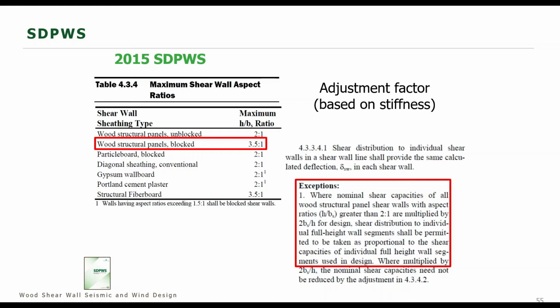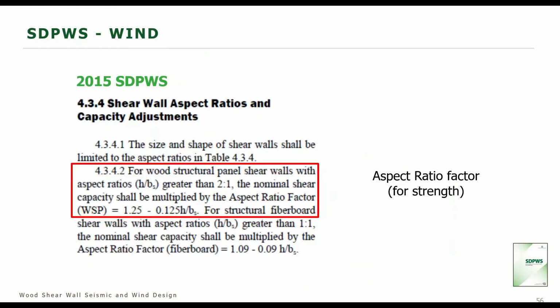So there's the one from section 4.3.4.1, the exception, and this is the adjustment based on stiffness. There's also an adjustment factor for the aspect ratio based on strength. So we will take a look at both of these in our design, and we don't need to apply both of them simultaneously, but we do need to choose whichever one is more conservative.